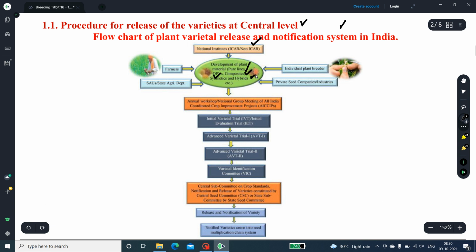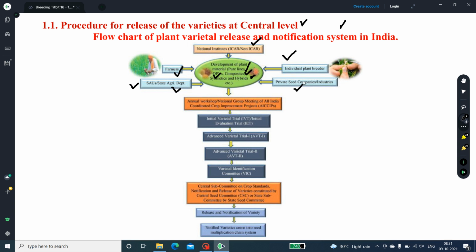Not only the national institutes, but also the state agricultural universities, state agriculture departments, farmers, individual plant breeders, and private seed companies and industries. These five groups are involved in the development of plant material, that is, the varieties.